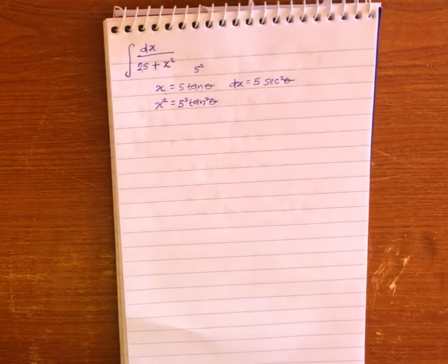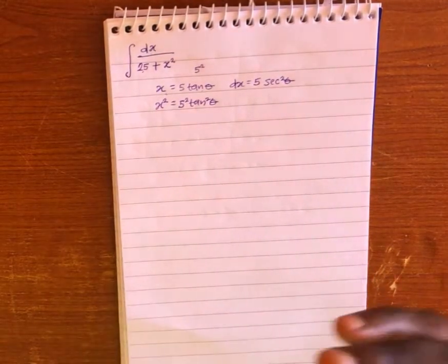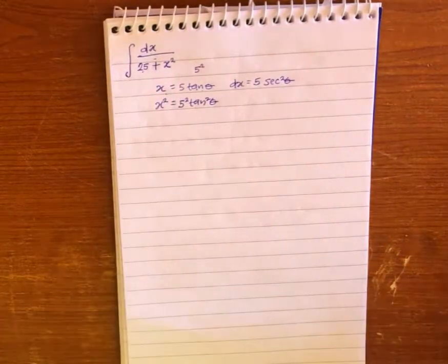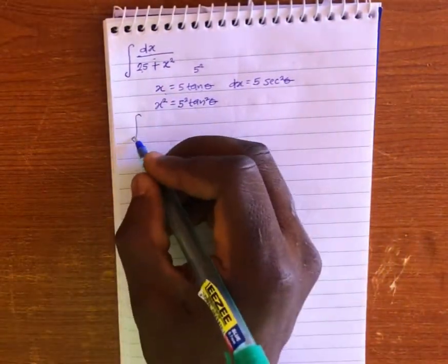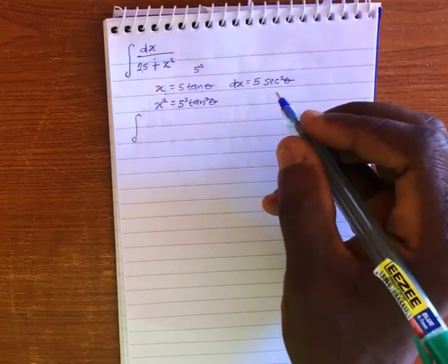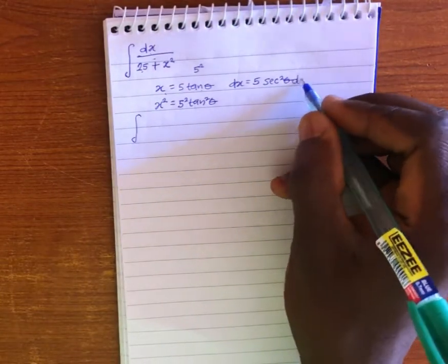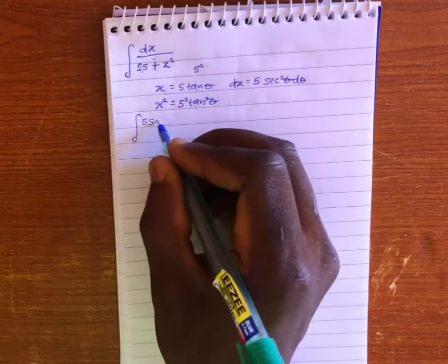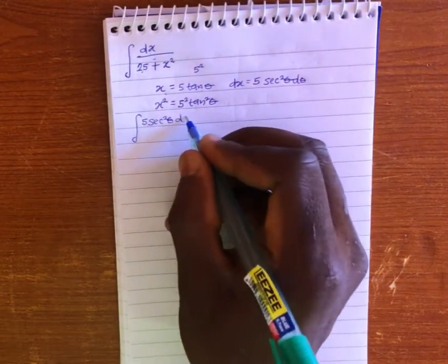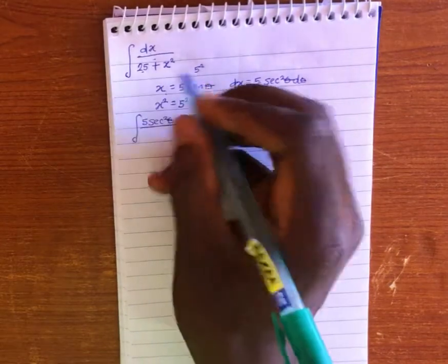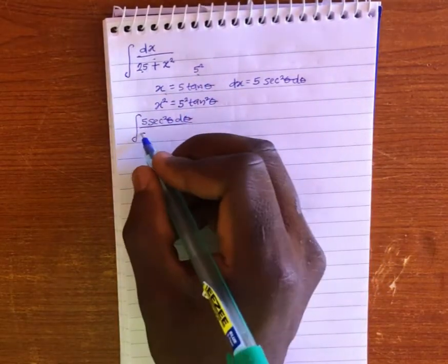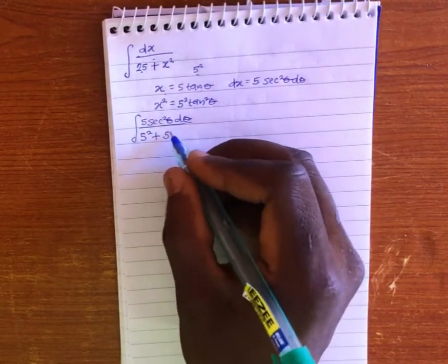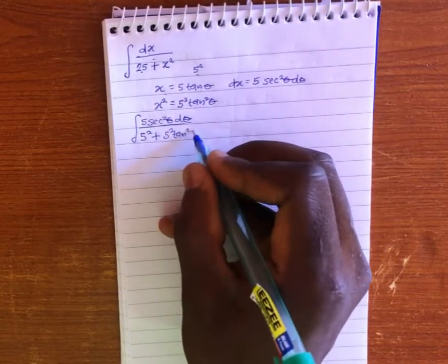So what else can we do here? We can replace everything back into the question, so that we have the integral of 5 sec squared theta d theta if you differentiate both sides, divided by, here I'll just put 5 squared plus x squared, which is 5 squared tan squared theta.